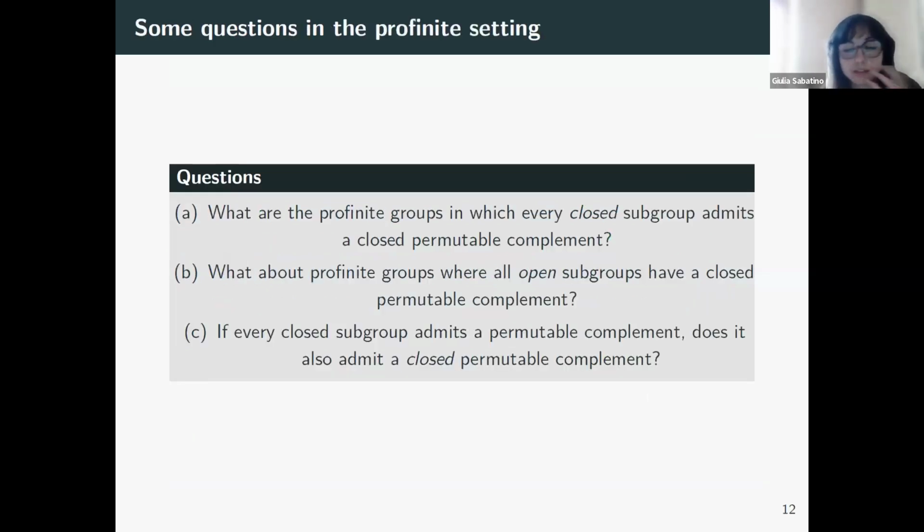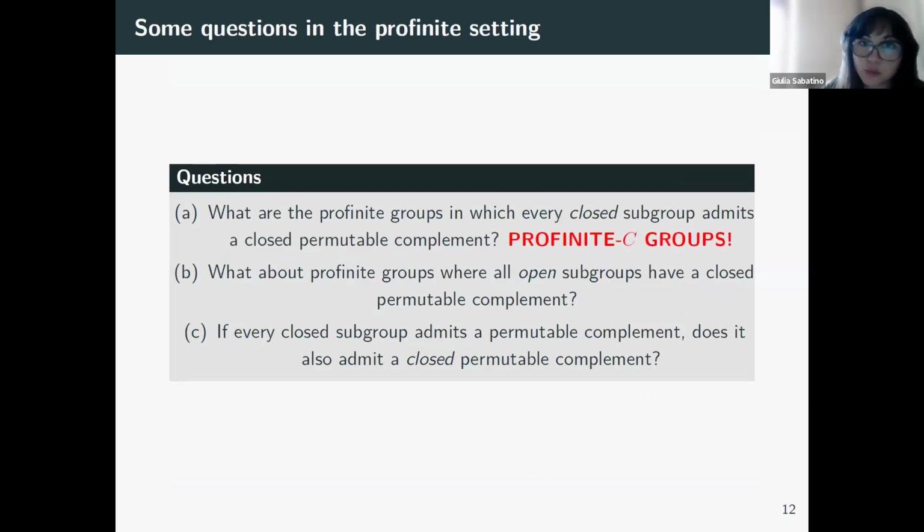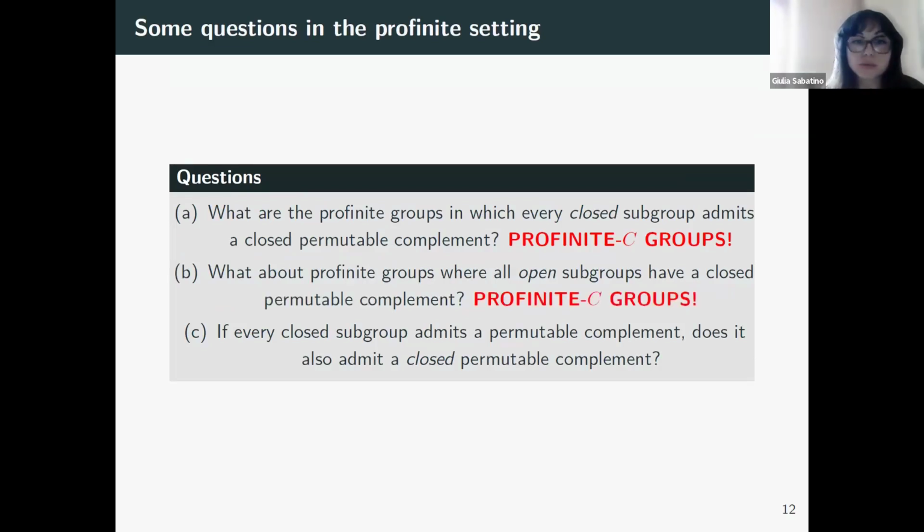Thanks to this theorem, we are able to answer the three questions I mentioned before. What are the profinite groups in which every closed subgroup admits a closed permutable complement? Well, this is nothing but the definition of profinite C group, but it is the same as saying that these are all profinite groups where open subgroups have a closed permutable complement.